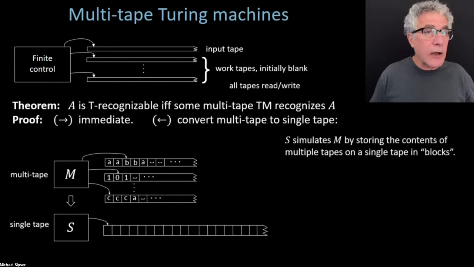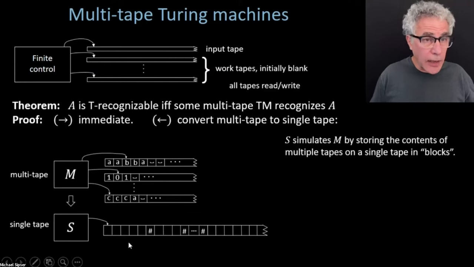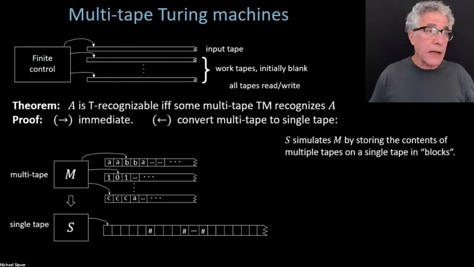I'm going to just divide up. So here I'm saying it in words. It's going to simulate M by storing the contents of the multi-tape on the single tape in separate blocks. So I'm basically going to divide up the single tape Turing machine's tape into separate regions, where each one of those regions has the information that was on one of the tapes in the multi-tape machine.